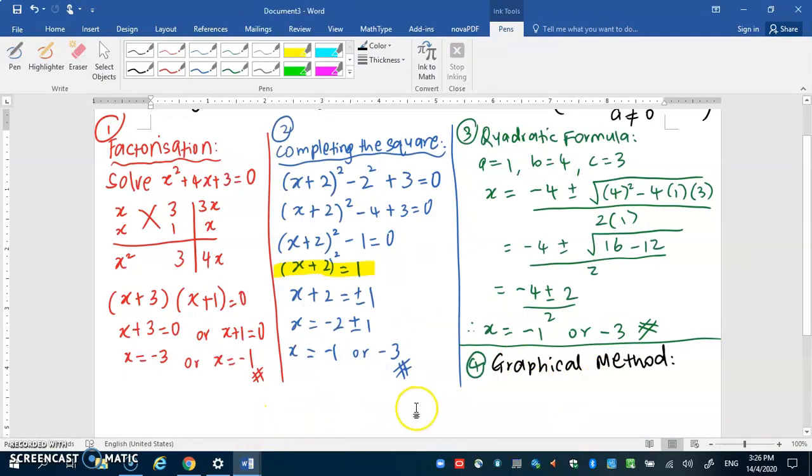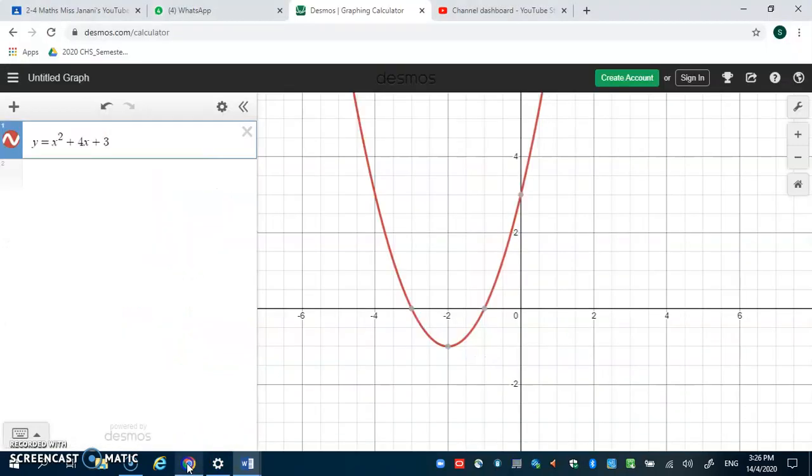Now, if I were to plot y equals to x squared plus 4x plus 3, I'm going to plot this. Okay, you can either plot it on graph paper, or let's say you use Desmos to plot quickly. You would actually get this curve. Okay, this is the graph of y equals to x squared plus 4x plus 3.